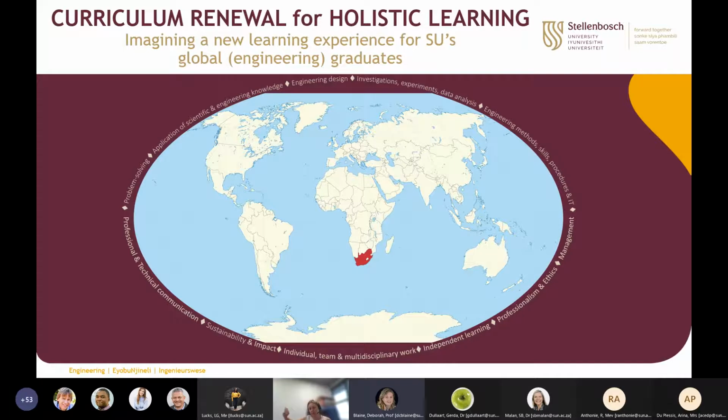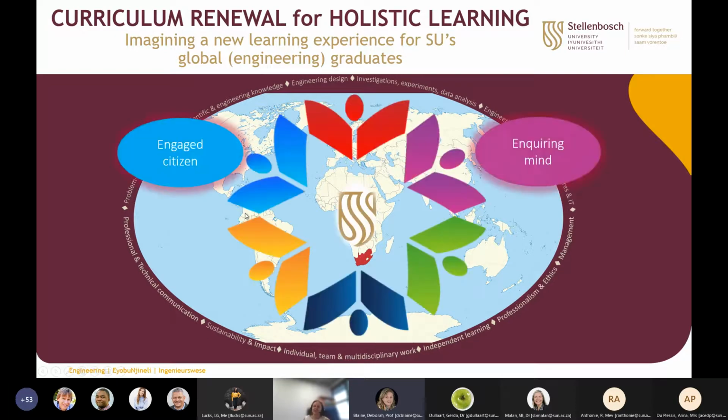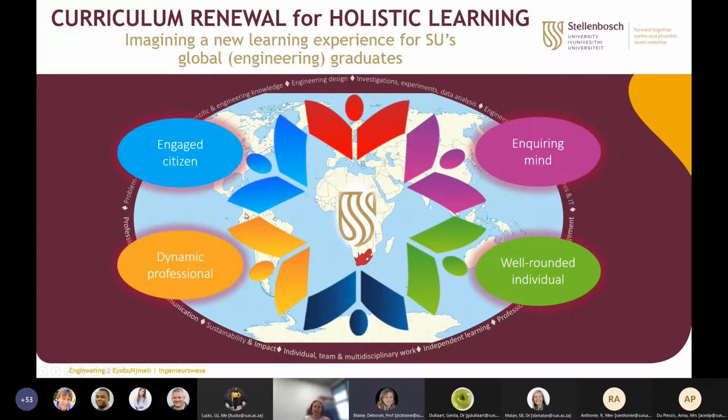And then at the bottom of the world, you have all of the professional skills: communication, sustainability and impact, teamwork, individual work, independent learning, and all of these things. So this is what we need to have in our engineering degree so that we can keep our degree accredited. But actually, for Stellenbosch University, these exit level outcomes really align with our graduate attributes of engaged citizens, inquiring mind, well-rounded individual, and dynamic professional.